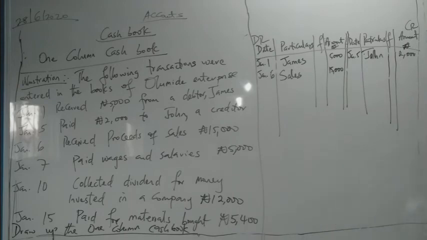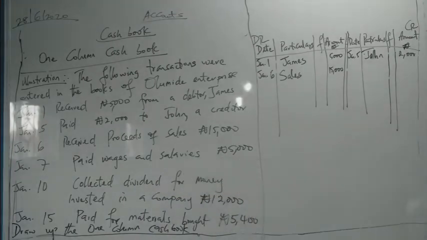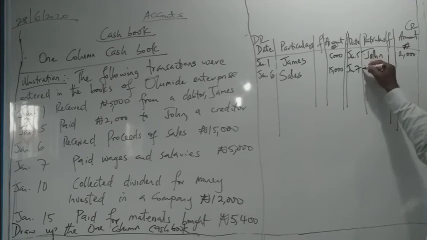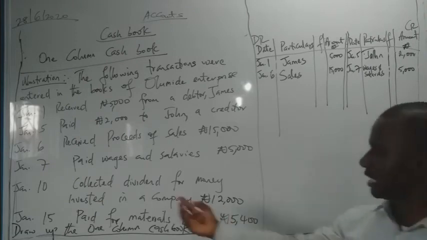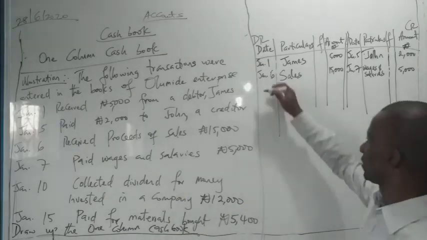Okay? Very good. The next one, paid wages and salary, 5,000 naira. Money is going out. Anytime you get that one, paid, money is moving out. Will come January 7th, wages and salaries, 5,000. The next one, collected dividend for money invested in the company. Collected, money is coming in, so it will be debited.